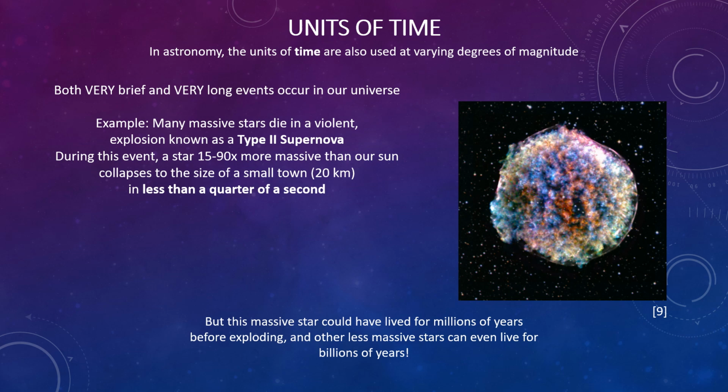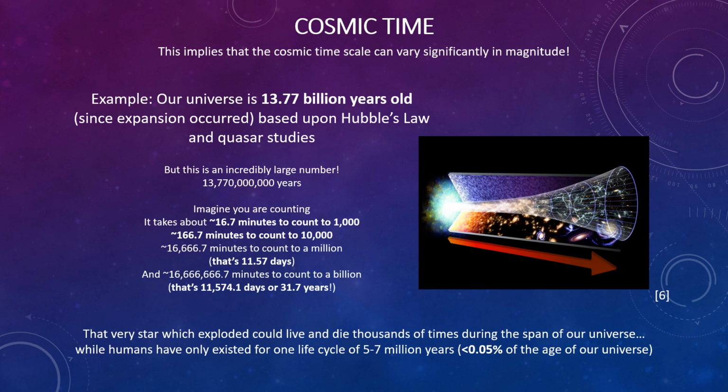And yet, that star's lifespan could have been in the millions of years. And we'll find that less massive stars can live even longer, into the billions of years. And so now we're talking about the billions of years.